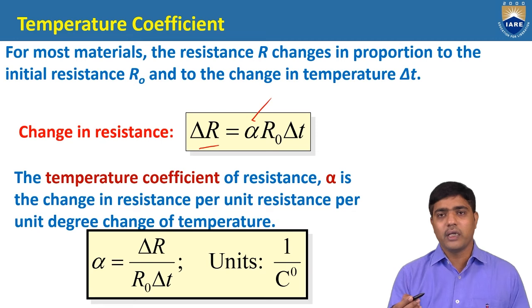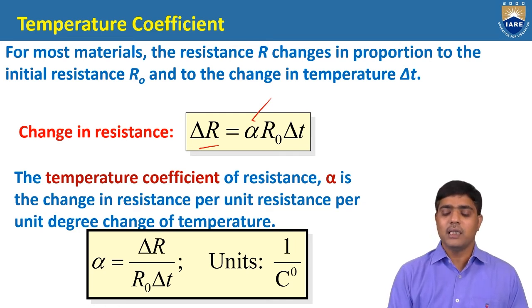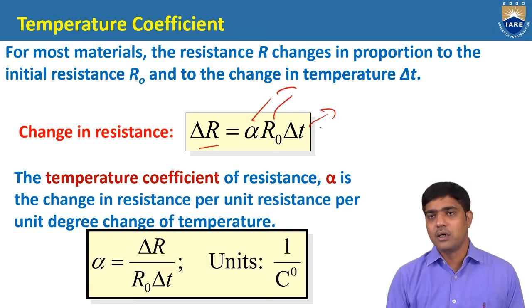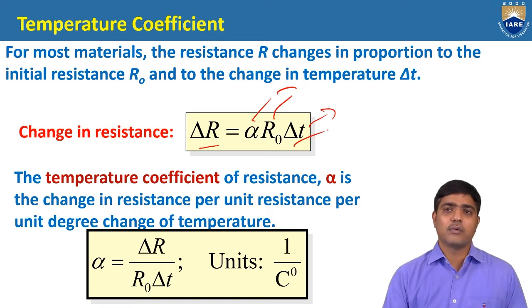Suppose you increase the temperature by 1 degree centigrade, then the change in the resistance of that particular material is called the temperature coefficient, where R naught is the initial value of resistance and delta T is the change in the temperature. If you change the temperature from X to Y, the difference between X and Y is the change in the temperature.